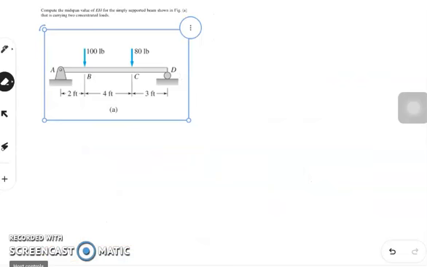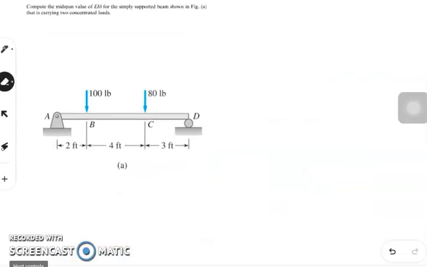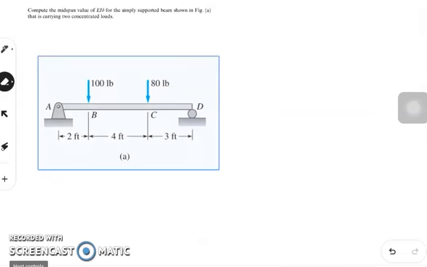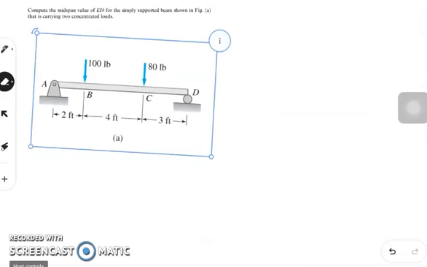The first problem is to compute the midspan value of EI delta for the simply supported beam shown in the figure, which is carrying two concentrated loads. For this problem, we have to identify the formula that we will use.